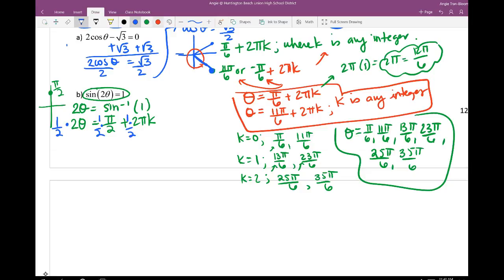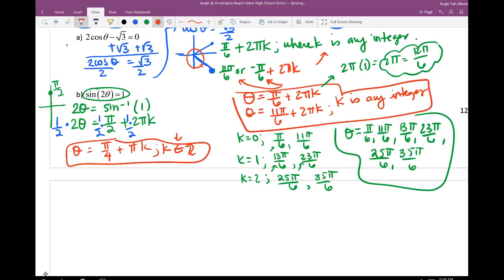Okay, so now I'm going to solve. Theta is pi over 4 plus pi k, where k, the symbol means contains in, any integer. Z is the symbol for integer, so it's a fancy way of writing it.